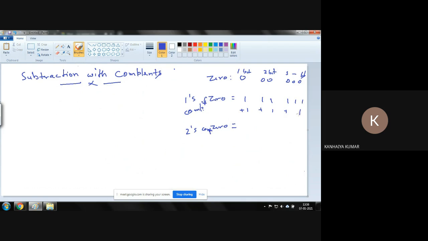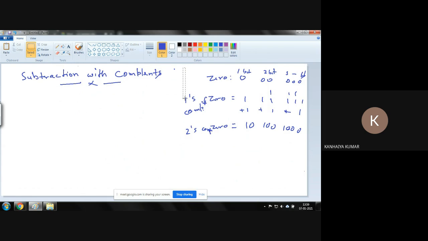So 1 plus 1 is 0 with a carry 1, so one extra bit will be written here, and you add the rest of the 1s the same way. Like this, you can find the two's complement and one's complement for zeros.